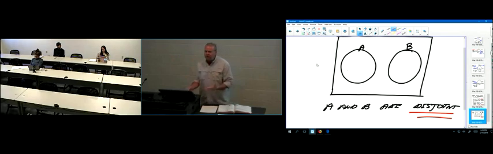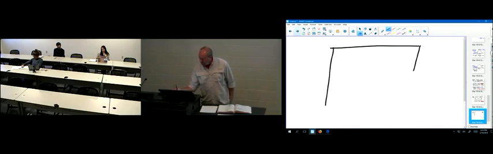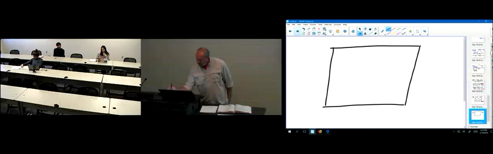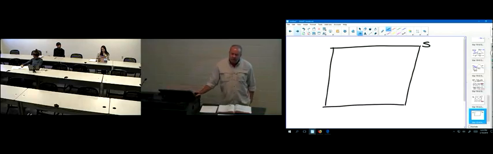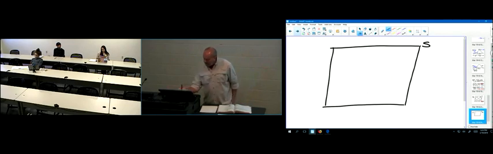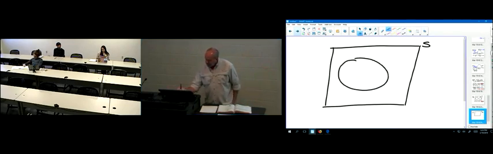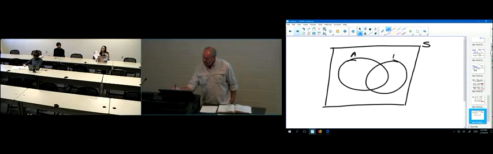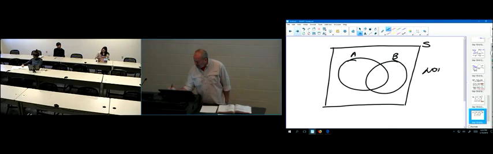Now, more general, what we usually start with in the picture we have for a Venn diagram is this. Again, the big rectangle represents my sample space. So when they're not disjoint, that means they have outcomes in common. There's your event A. There's your event B. These are not disjoint.